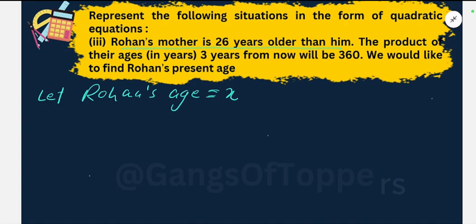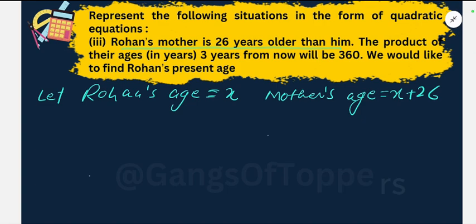Then what the question says: Rohan's mother is 26 years older than him. Then his mother's age becomes x plus 26, right? x plus 26.